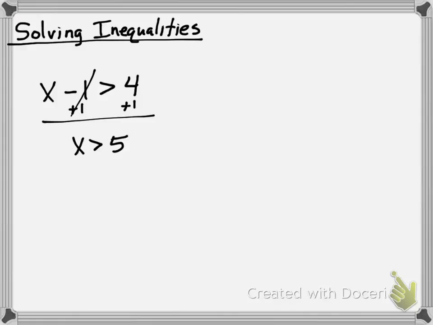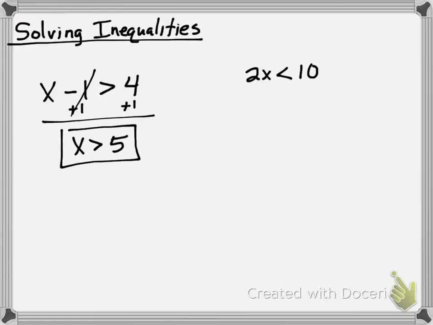The minus 1 and plus 1 cancel. You're left with just the x. 4 plus 1 is 5. Bring down the sign. The only difference between an equal sign and a greater than sign is that you bring down the sign that you start with. And that's our solution.